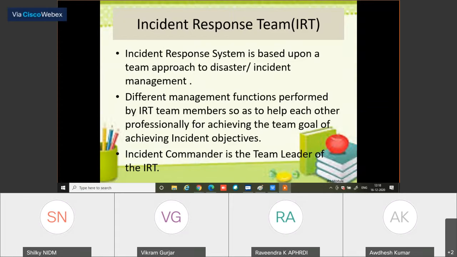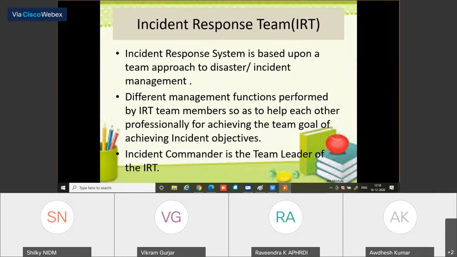Whereas in the general staff, we have the operation chiefs, unit chiefs, service branch, support branch, finance branch, and transportation branch. So this is how we can explain this organization chart.